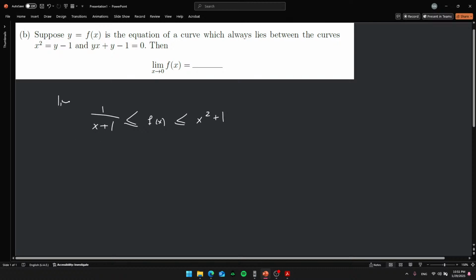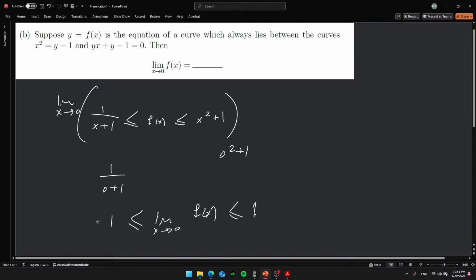Now take the limit as x approaches 0 for all of them. So 1 over 0 plus 1 will give you 1. Limit as x approaches 0 of f of x. Now 0 squared plus 1 will give you 1.